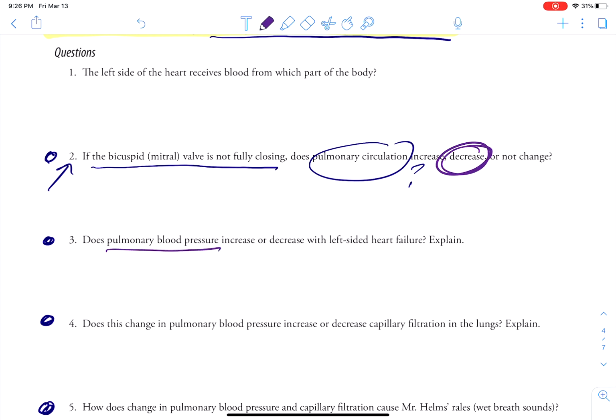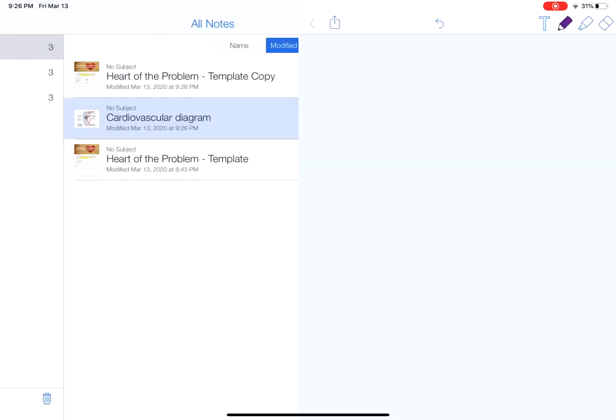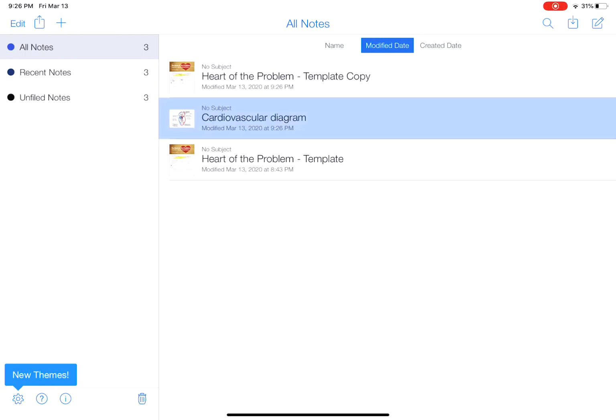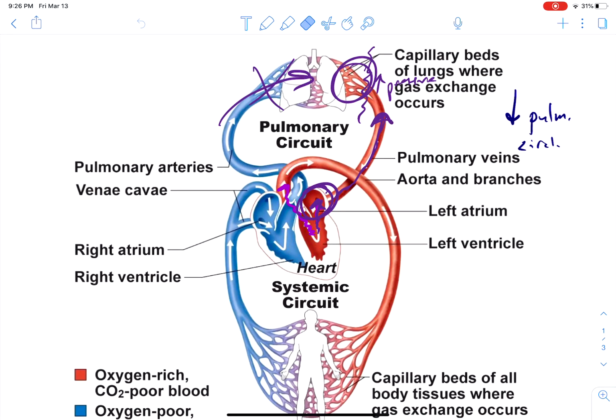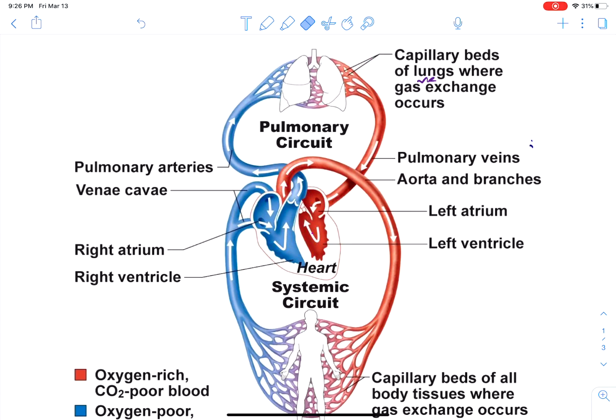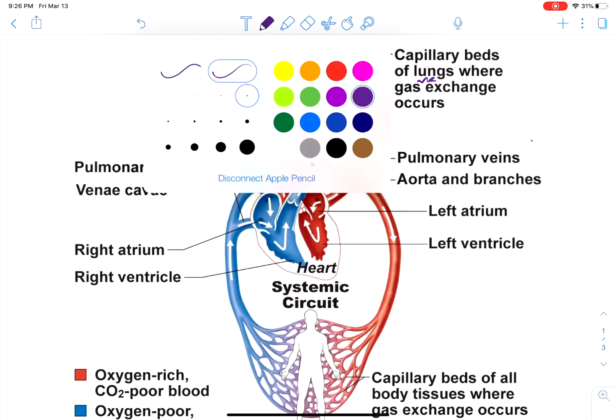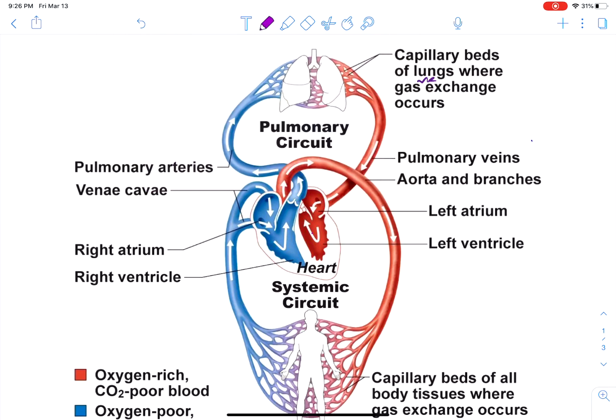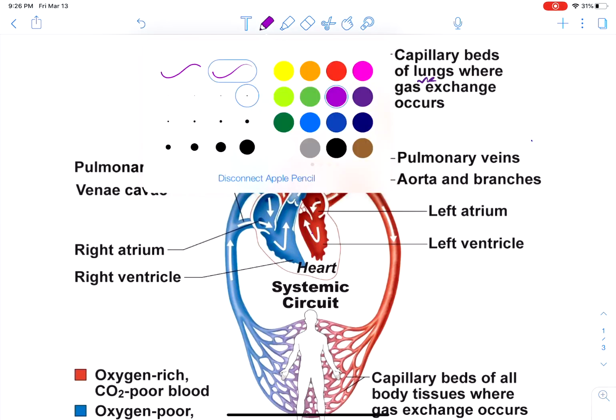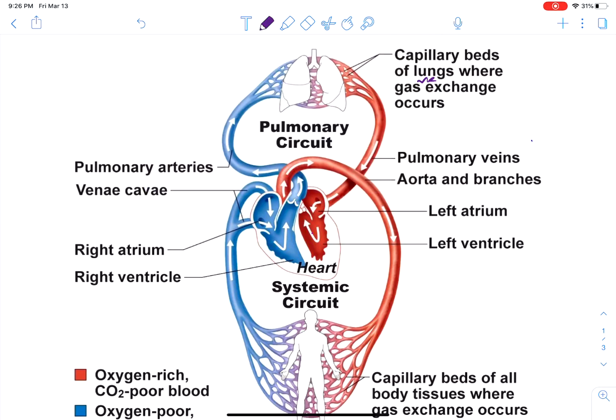What happens to the blood pressure in the pulmonary circulation with this mitral valve prolapse, with this left-sided heart failure? Well, pulmonary blood pressure is going up as well. And again, the reason that's the case is because we have this blood backing up into the pulmonary circulation.